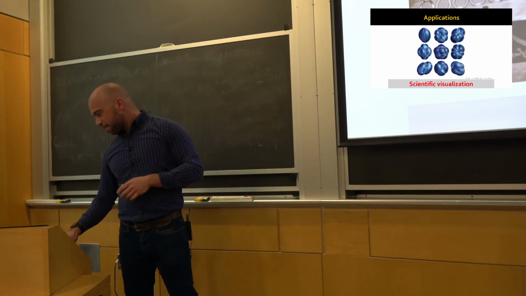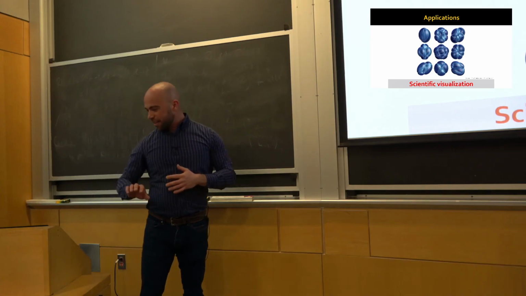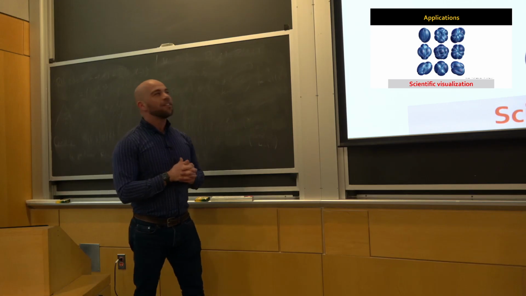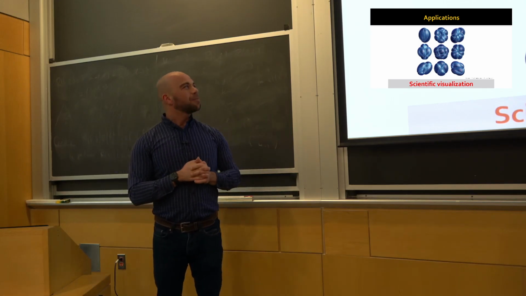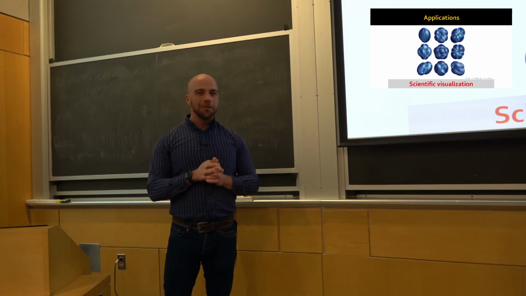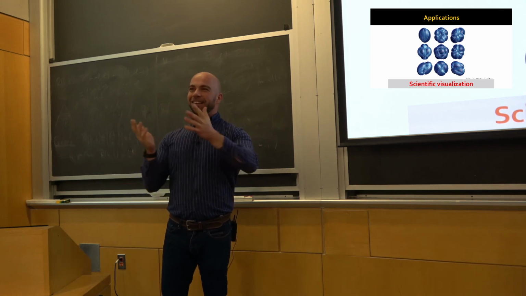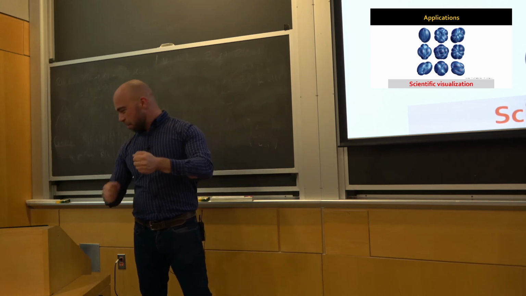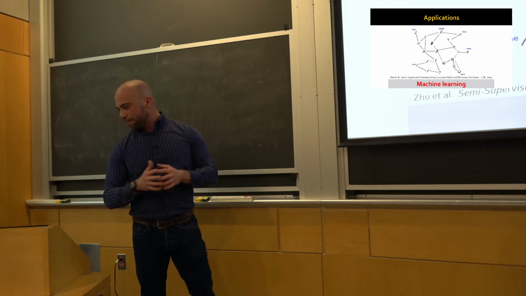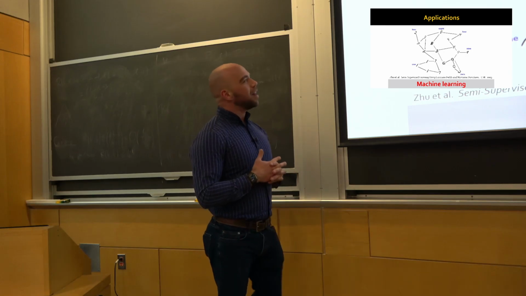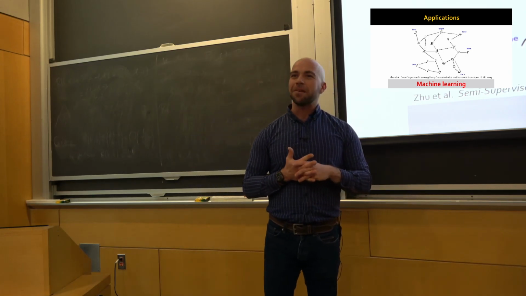Scientific visualization is another nice application of these geometry tools. In fact, when we talk about spectral geometry, we'll see that this is the same machinery people use to understand certain molecular systems and their main modes of vibration. We look at segmentation, finding interesting folds in your brain. And we'll also talk about some high-level data analysis applications as well.